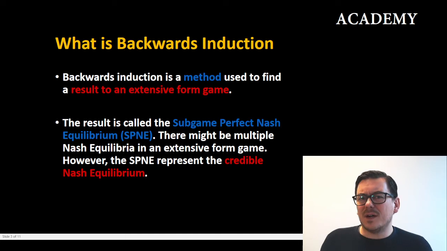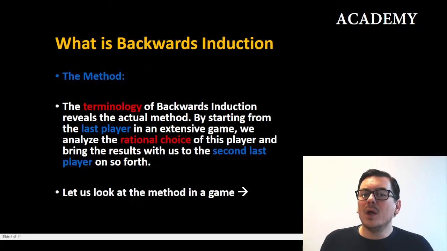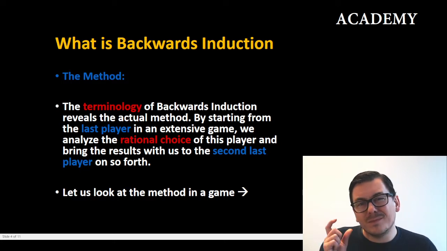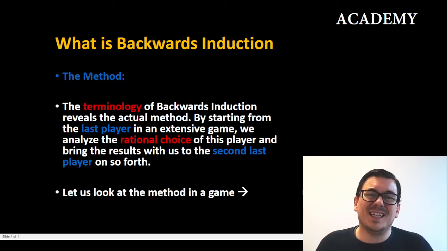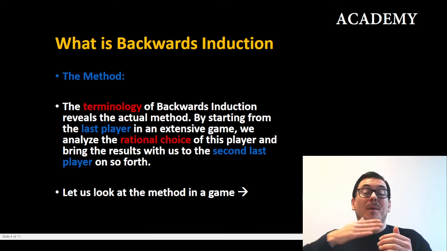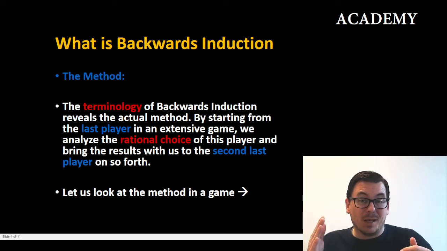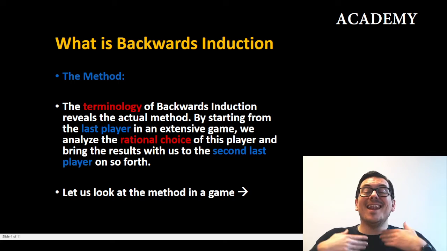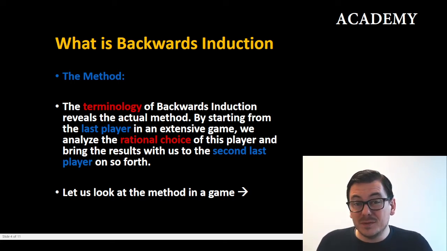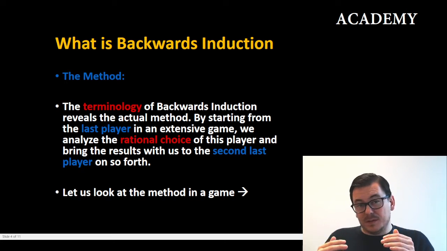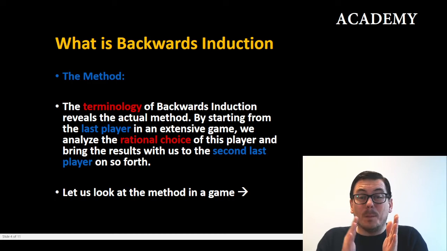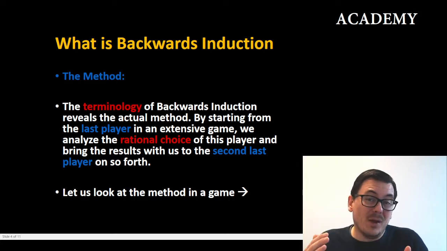But how do we find this result? Well, we do it by following the method of backwards induction. The terminology kind of reveals the actual method, starting from behind, or from the back of the extensive form game. We look at the last player in the game, analyze this player's options and preferences, and see, okay, would this player choose A or B as a strategy depending on the payoffs.